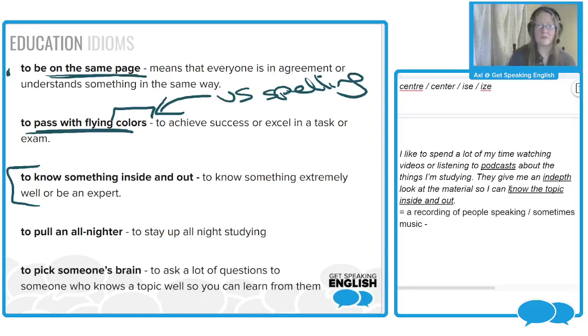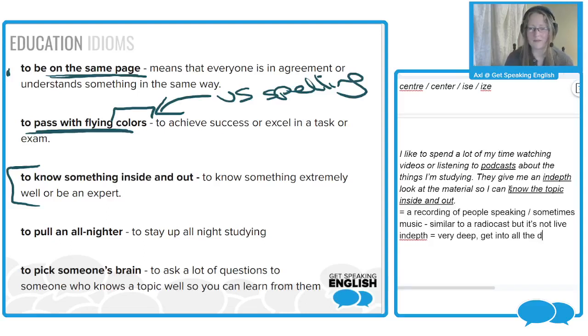It's similar to a radio broadcast, for example, but it's not live. Podcasts are really, really popular now. If we talk about an in-depth look, something in-depth is very, very deep. For example, you get into all the details. Oh, maybe I spelled this wrong.